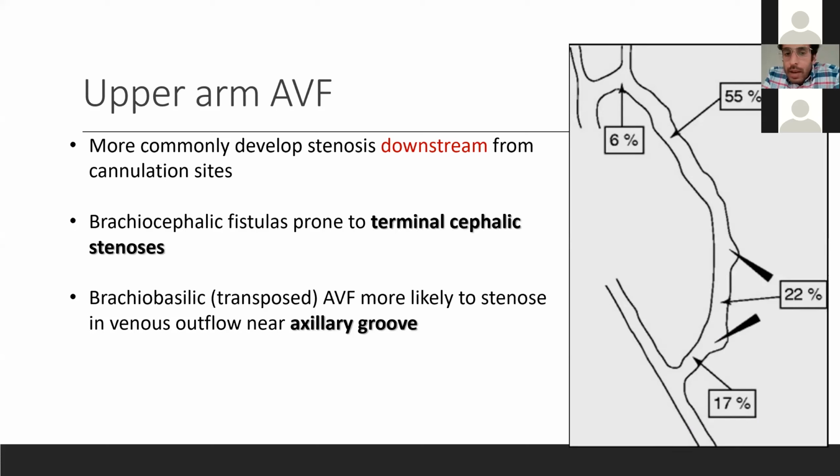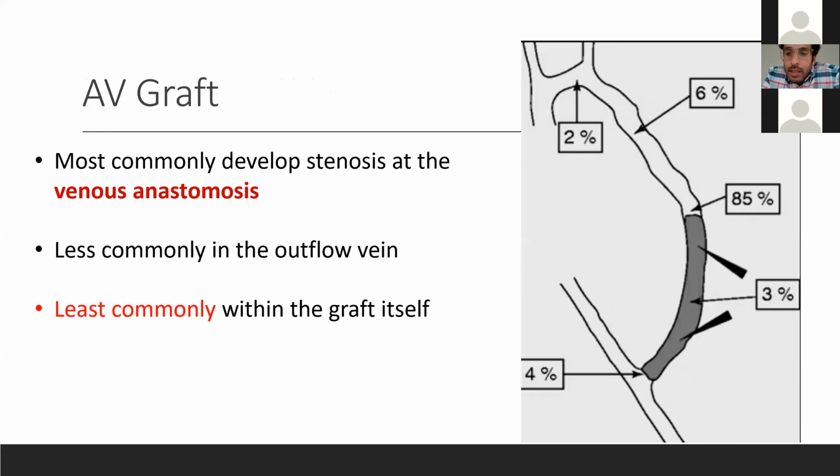For brachiocephalic fistulas, we're going to be honed in on the terminal cephalic. Brachiobasilic transposed fistulas are more likely to stenose in the venous outflow near the axillary groove. So again, for both of these types of fistulas, it's more distal or downstream to where the access is cannulated.